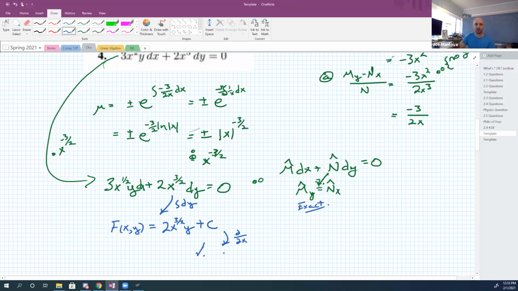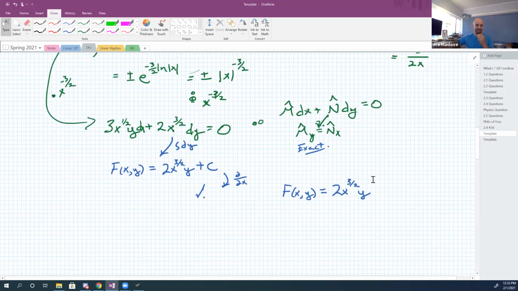So this basically checks out. And so that means that my solution is f of x and y is 2x to the 3 halves y. And so my answer is what? C equals 2 times x to the 3 halves y. Okay.